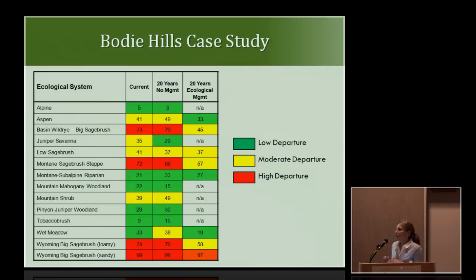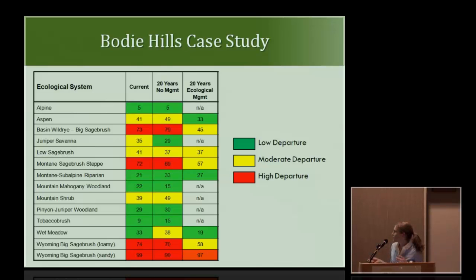And so the model was run out, and using the results that were predicted for the landscape, they calculated vegetation condition class. So that's the green, yellow, and red that you're seeing here. And so you can see, for example, the aspen type, which was moderately departed, under their ecological management scenario, they're able to reduce that departure.